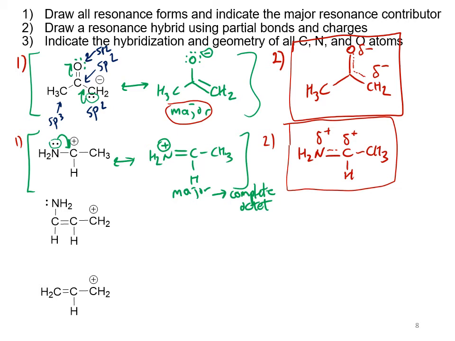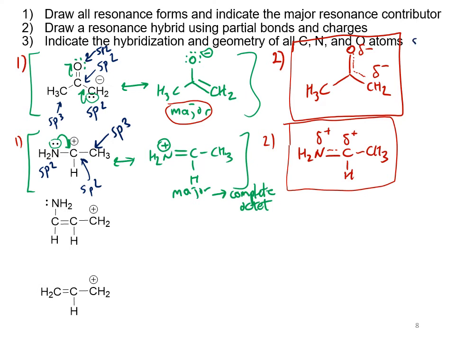Okay, and nitrogen has to be sp2 because it's making a double bond. This carbon is a carbocation and forms a double bond, so it must also be sp2. And this carbon is not involved and is sp3 hybridized.